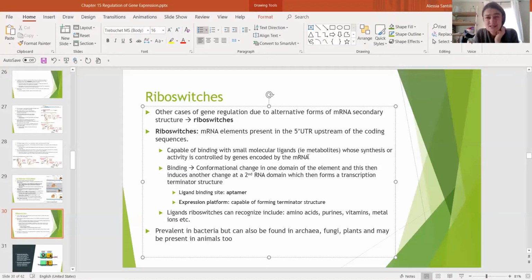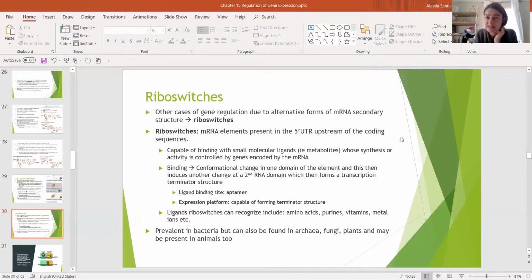These ligands tend not to be proteins, so they're more like effectors. They usually are things like nucleotides or amino acids. So something like flavin mononucleotide (FMN), that's definitely a ligand that can bind to these riboswitches. And their activity, or basically the transcription activity, can then be controlled by this ligand binding to the riboswitch or not, right?